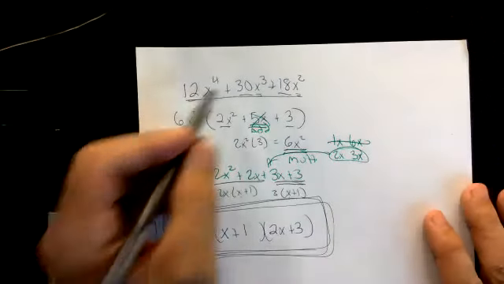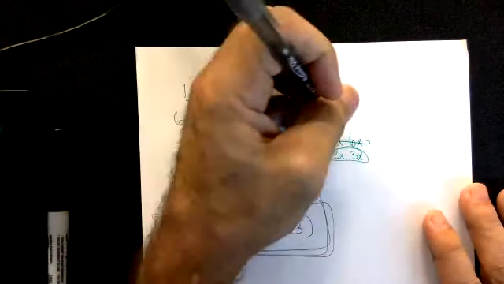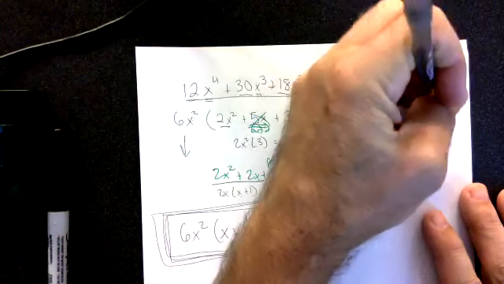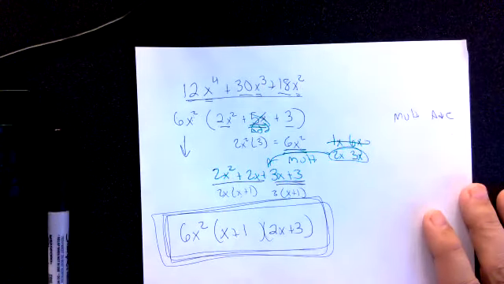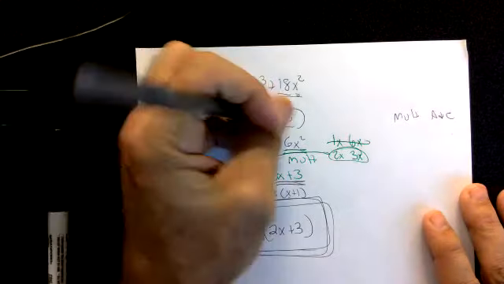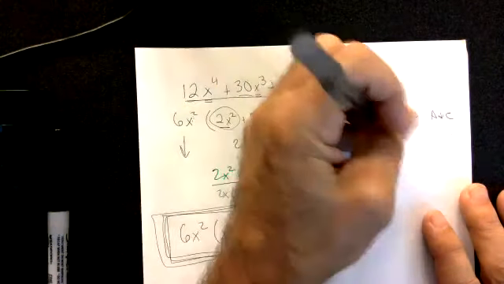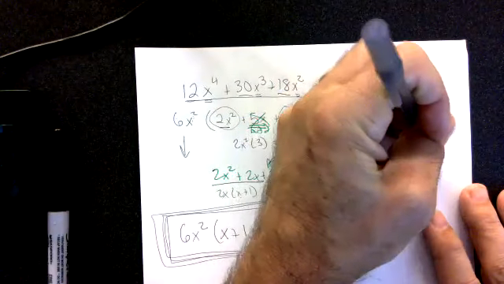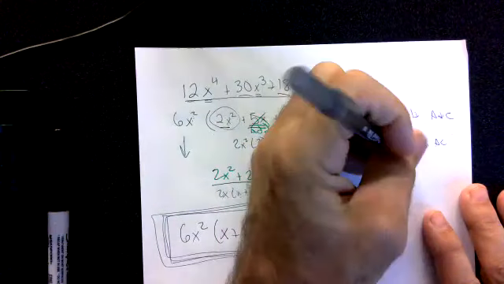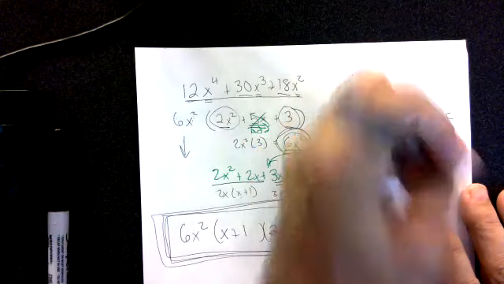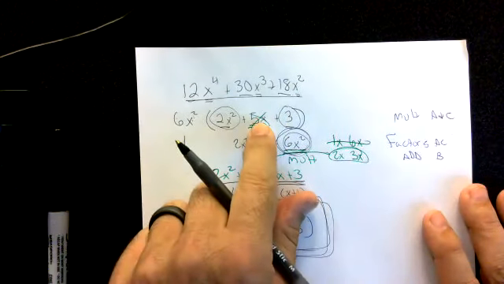Again, the steps are multiply A and C. That was the 2x squared and the 3. That's where we got this 6x squared. Then you want to find factors of that number, your AC number, that also add to get your middle term, that B term.